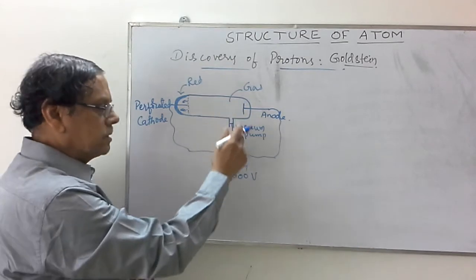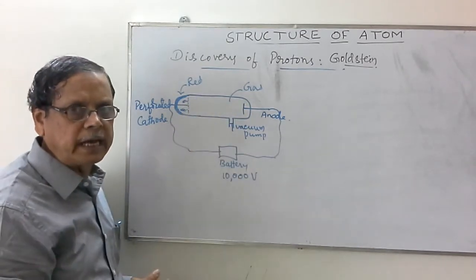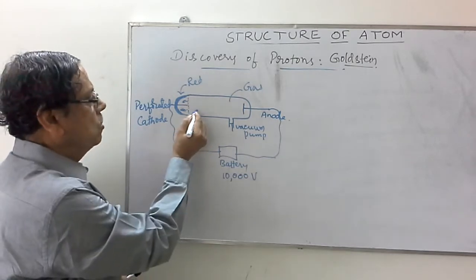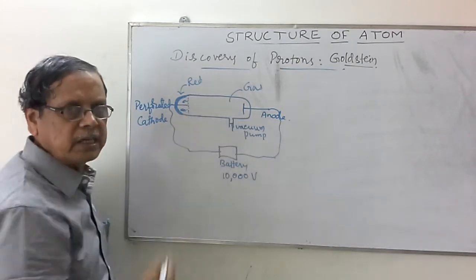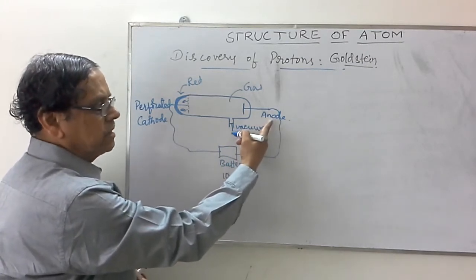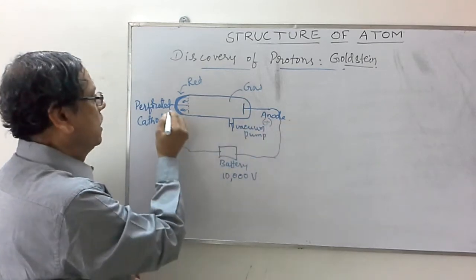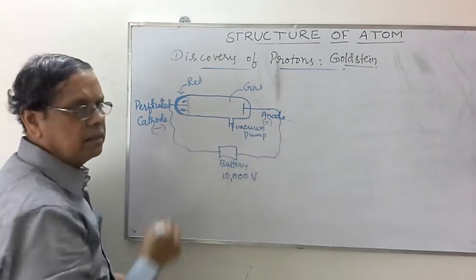But when the same experiment was carried out using the perforated cathode, some radiations were also observed to move in the reverse direction. They are emitted from this anode, which carries the positive charge, while this cathode carries the negative charge.